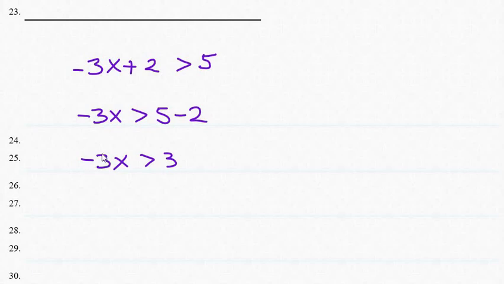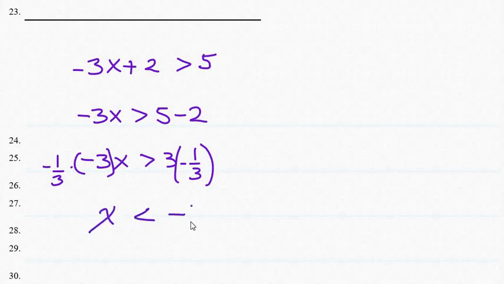Because there is a negative out in front of here, when I multiply through by negative 1/3 to both sides, okay, we'll put a parentheses around that. What's going to happen is it's going to cause this sign to flip. See that? We arbitrarily just put a negative 1 here, right?